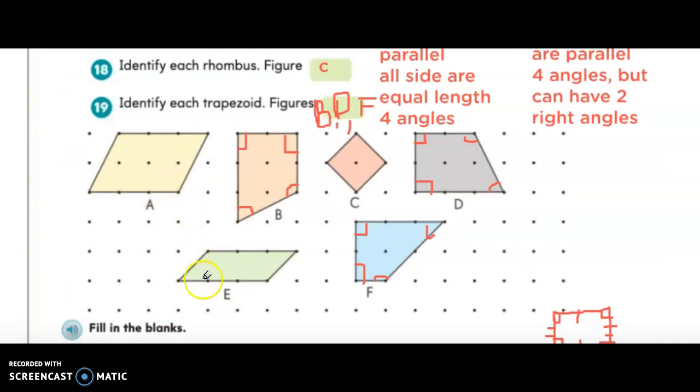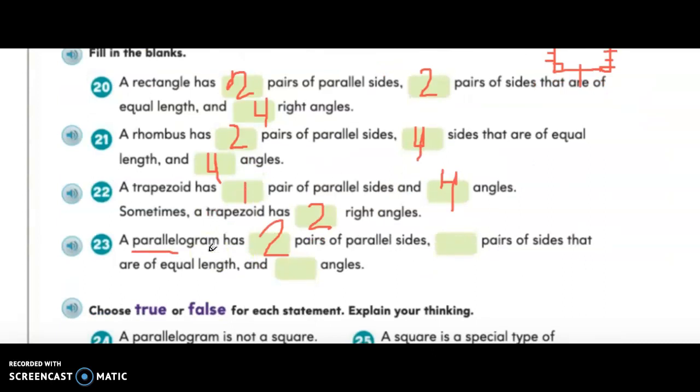A and E are both great examples of parallelograms. Those opposite sides are parallel. These opposite sides are parallel. And then it has two pairs of sides that are equal. So these sides are also equal. These sides are equal. These sides are equal, and these sides are equal. So both of these are parallelograms because of that. So they have two pairs of sides that are parallel and are equal length.